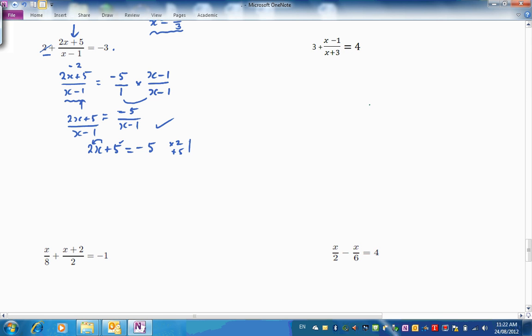So we're going to reverse those steps. Let's take 5 away from this side, be back to 2x, and subtract 5 from this side. Neg 5 take 5 is neg 10. Then reversing this multiplication by 2, dividing by 2, neg 10 divided by 2 is neg 5. Remember, a negative divided by a positive is a negative.